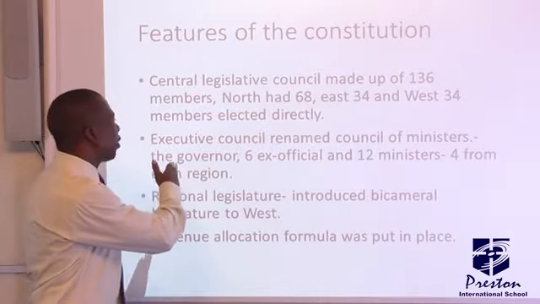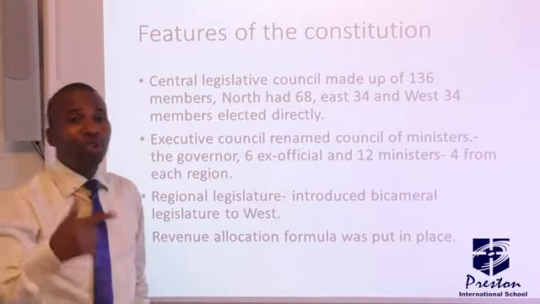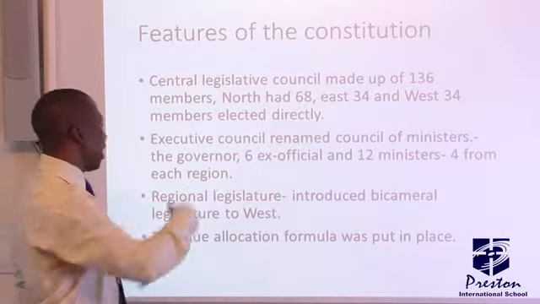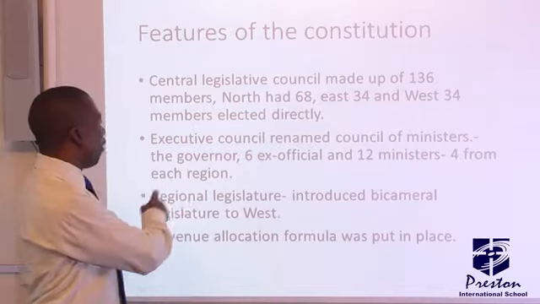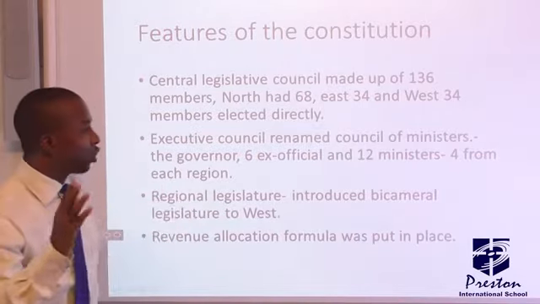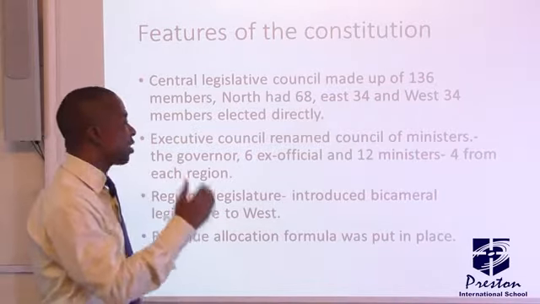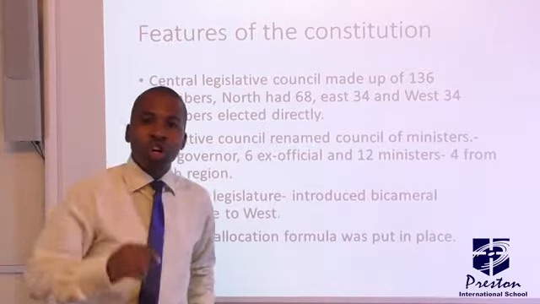Also, it had an Executive Council, but the Executive Council was renamed the Council of Ministers, comprising the governor, 6 ex officio members, and 12 ministers, 4 from each region.